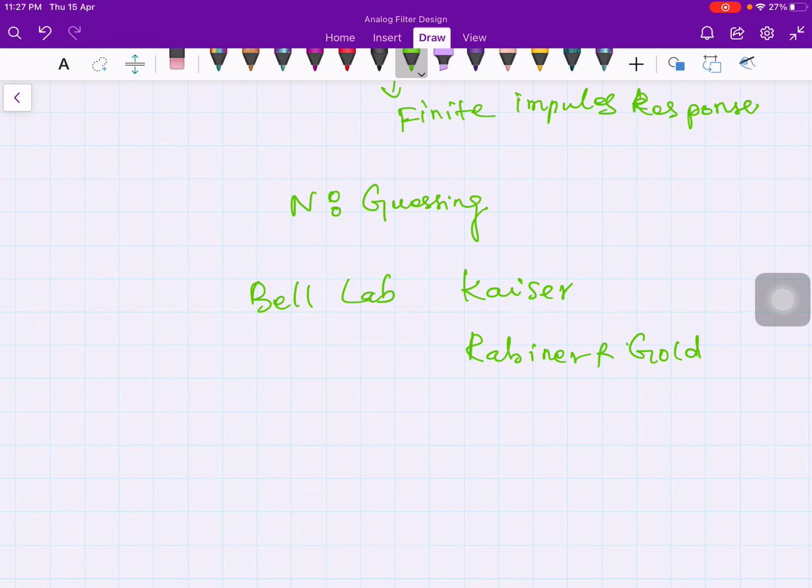They came up with some simple empirical formulas for estimating the order. So these guys came up with some empirical formulas at Bell Labs.